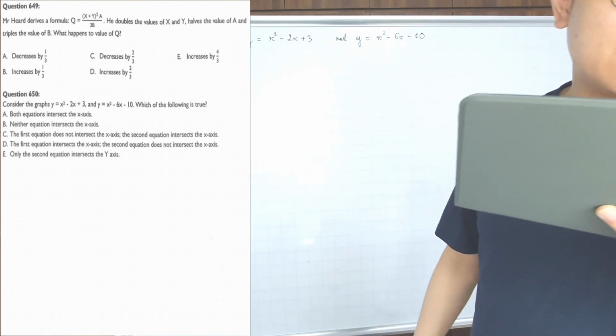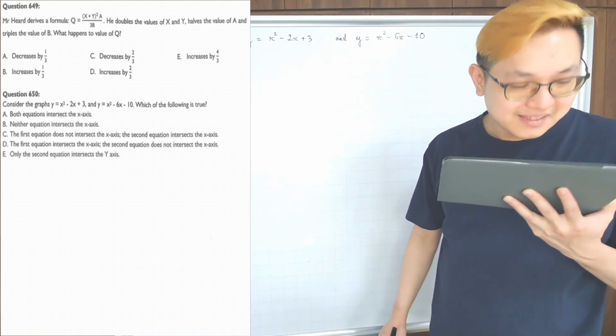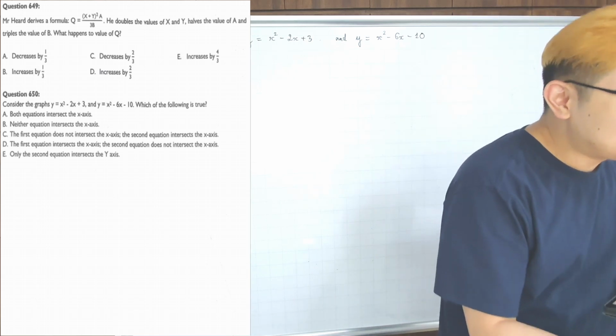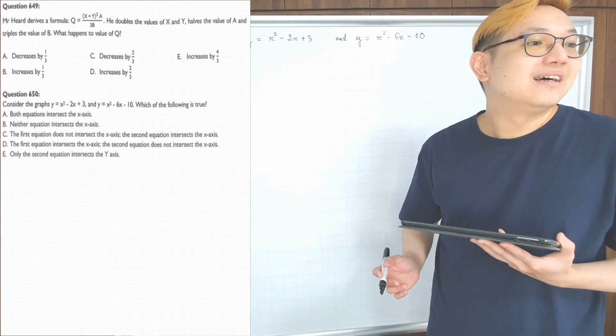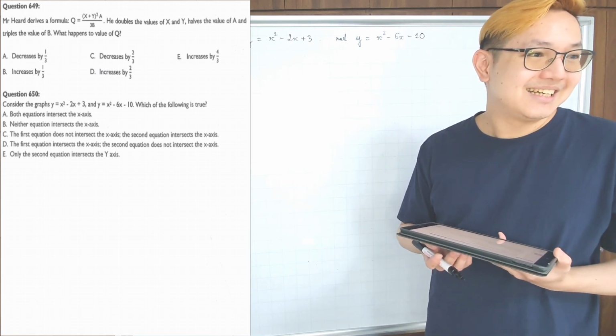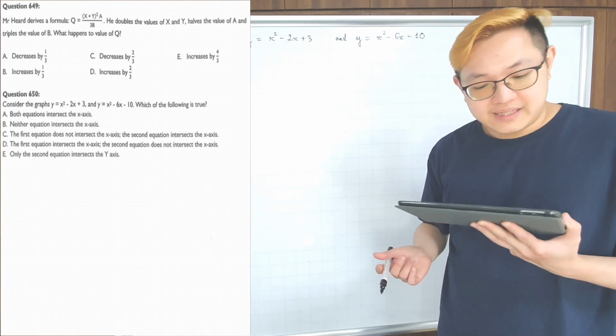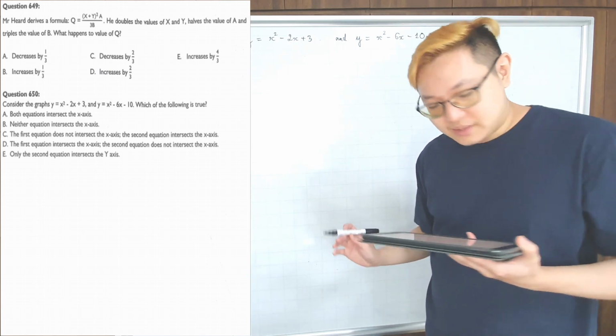Both equation intersected x-axis. Cả hai cái equation này đều cắt trục x. Nếu cắt trục x thì sao? Cắt trục x thì cái gì bằng 0? Y bằng 0. If they intersected x-axis, it means y equal to 0.